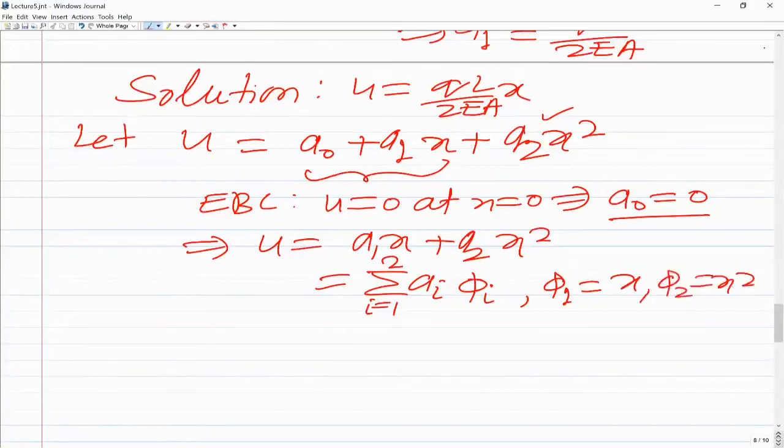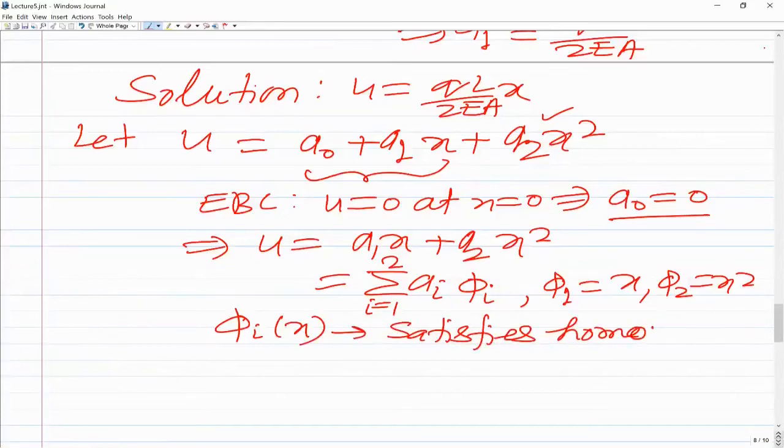After satisfying the essential boundary condition, whatever approximate solution you have, the coefficients of the unknown constants will always satisfy the homogeneous form of the essential boundary conditions.